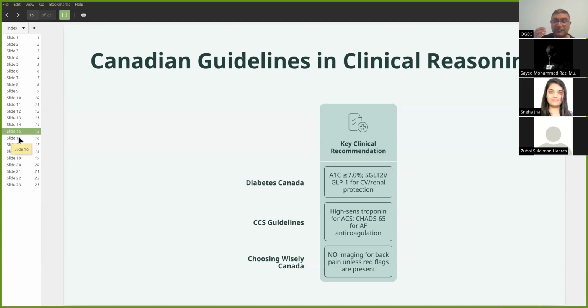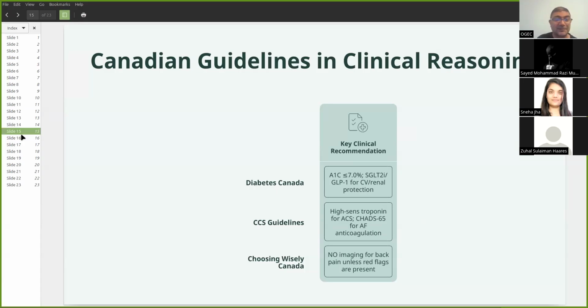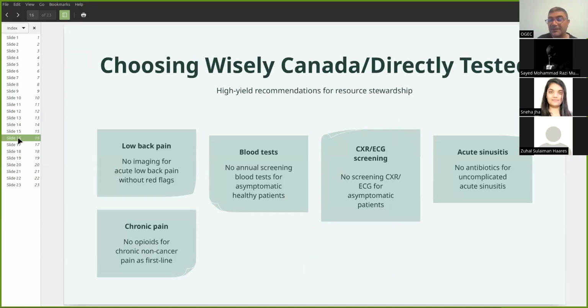How to prescribe an imaging investigation for a patient with back pain, for example. If the patient doesn't have a red flag, then the patient may not need imaging as investigation.